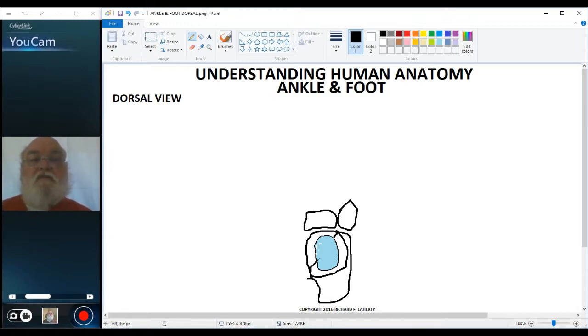The remaining tarsal bones are cuneiform bones that are numbered from medial to lateral.